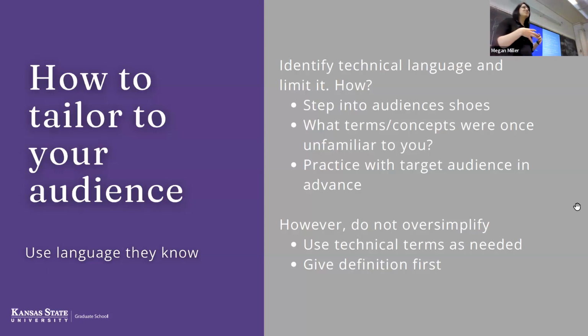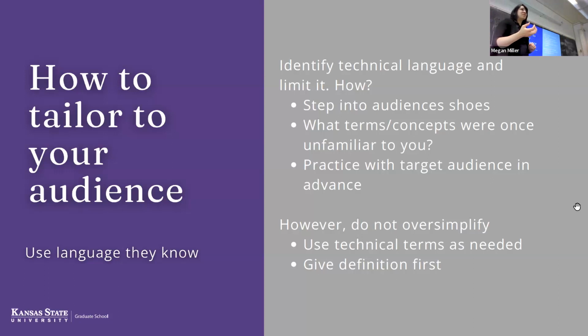Our area of study is not something that we were born into, that we knew everything right away. What terms or concepts were unfamiliar to you, and took time to learn, that you might have needed explained a few different ways? If you didn't understand them right away, then someone else who is new to this language will also need some explanation.